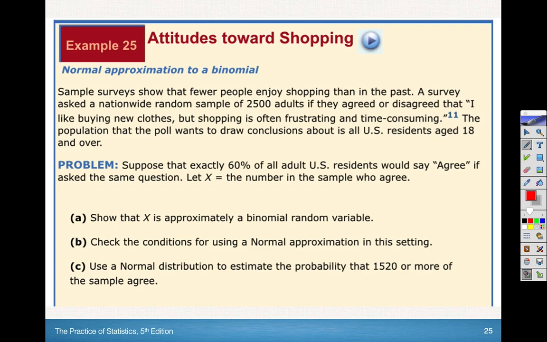But if we can show the population is at least 10 times larger than the sample, we can assume independence. There's a sample of 2,500 adults, and the population is all U.S. residents 18 and over. Yes, it is safe to assume the population is at least 10 times larger than 2,500, because all U.S. residents is way higher than 10 times 2,500. It's a safe assumption.